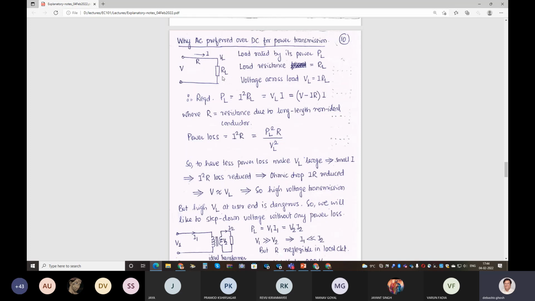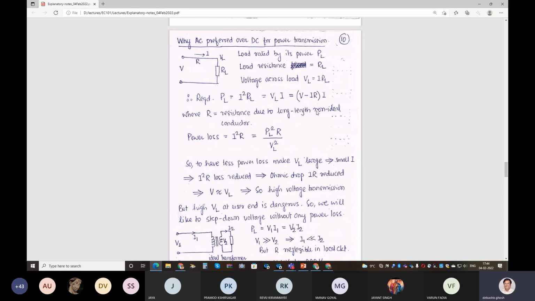Accordingly, the power PL will be equal to I square RL, or VL into I, where I is the current flowing through the whole circuit. But what is VL? VL is V minus IR, where R is the resistance due to the long conductor. I am considering that this conductor is non-ideal.